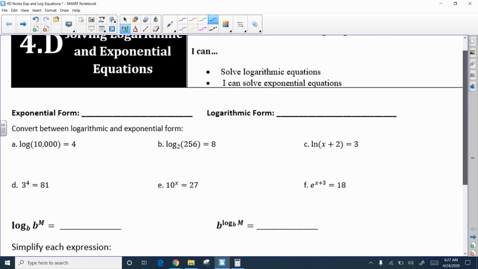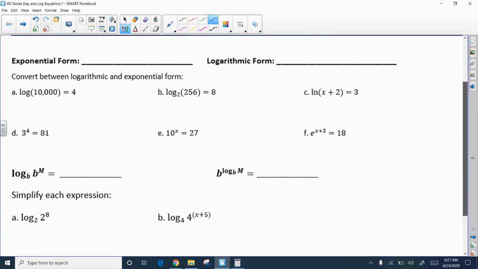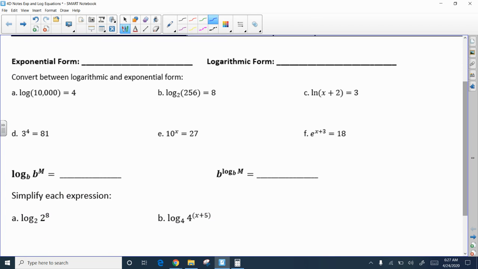So first, we just have a little bit of review because, like I said, these are some skills we're going to use. One of the things we did in 4B was changing between logarithmic and exponential form. Remember, exponential form is b to the p power equals a. This is an equation because it has an equal sign. The b is the base, the p is the power, and the a is the expression it's equal to.